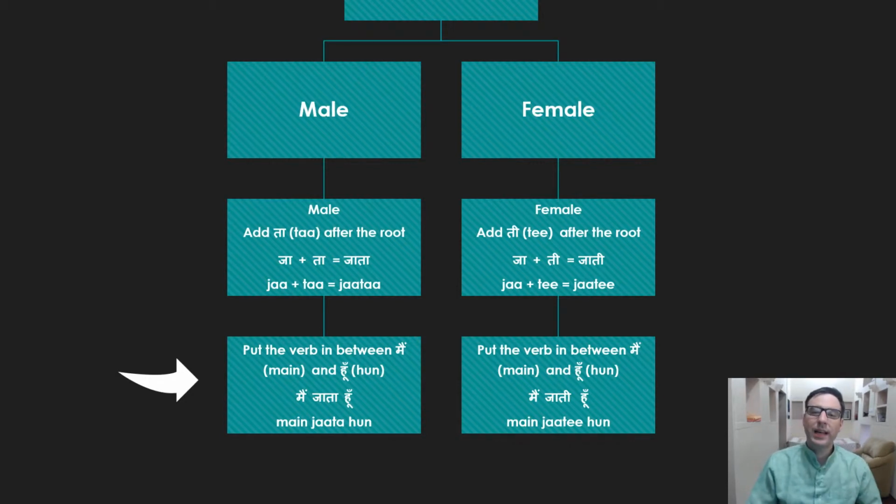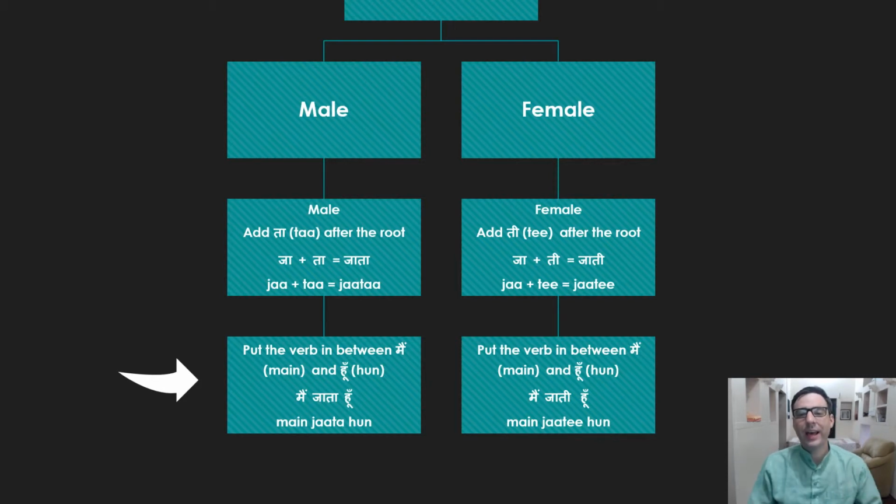Remember from our previous lesson on pronouns, each pronoun has a helping verb that agrees with it. So the correct helping verb for main is hoon. We simply add this new construction, jata, in between main and hoon, and that gives us the sentence, main jata hoon, or I go, on a regular or habitual basis.